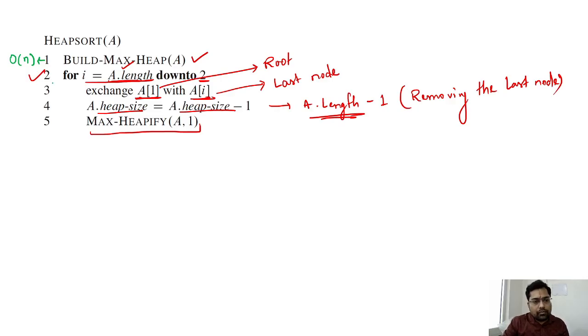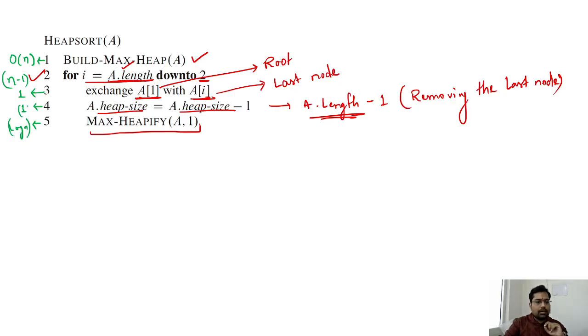Next, the for loop is running from length down to 2, which means it is running n minus 1 times. Within that, the exchange runs one time and the heap size statement runs one time, because each statement runs one time. But here the time complexity of max heapify is log n.